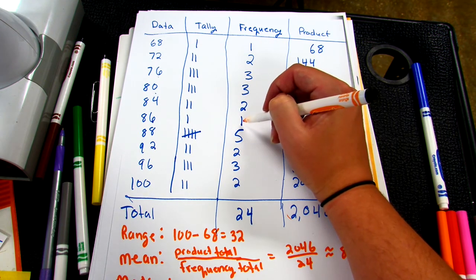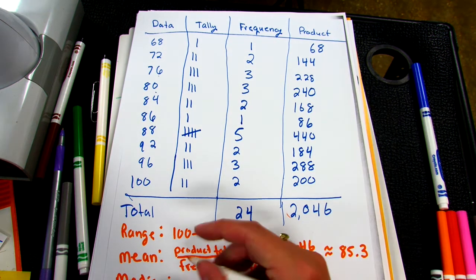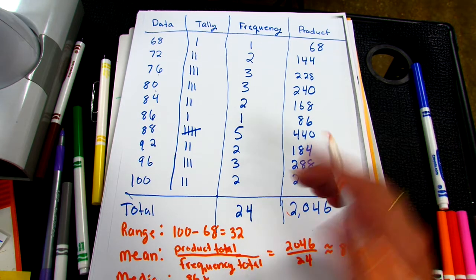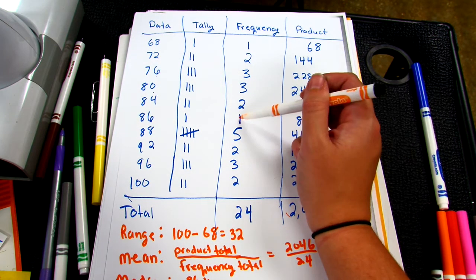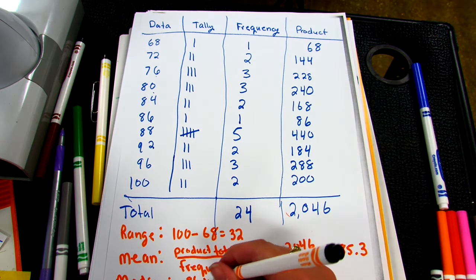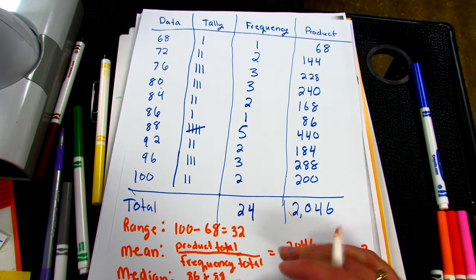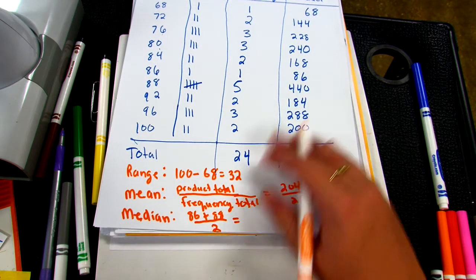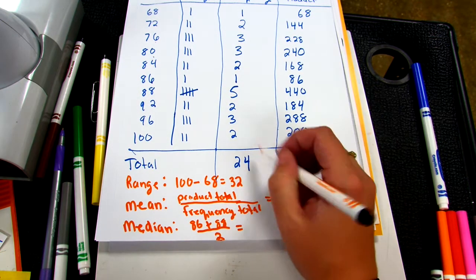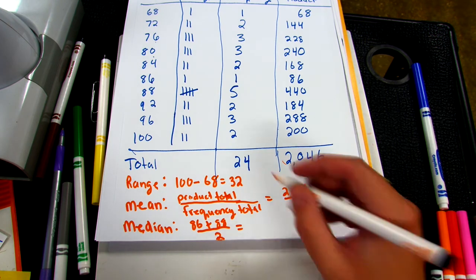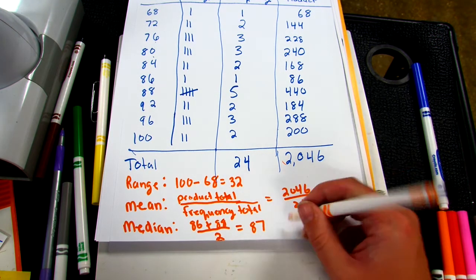So the 12th score was 86, which means that the 13th score would have been the next number, which is 88. So 86 plus 88, we're going to divide that by 2 to get our median. Remember, we're doing this because we have an even number of entries. If it was odd, we would just take the middle number, but it's even, okay? So 86 plus 88 divided by 2, we get 87.